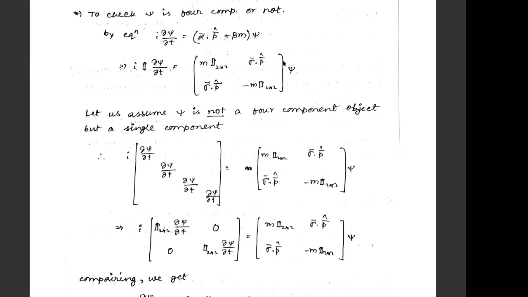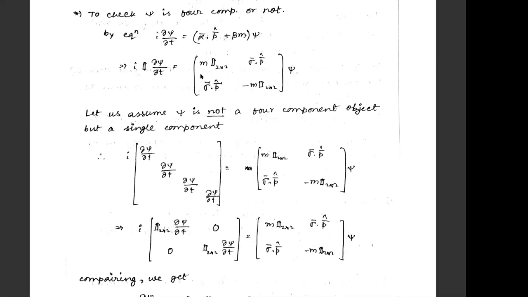It is perfectly fine if psi is not a matrix, if it is just a single component, a one by one element. This psi is just a function, not a column vector, not a row vector. But if that is so, you have to check whether this makes any sense or not. So if you simply assume that psi is not a 4 by 1 column vector, just a simple 1 by 1 element, just a simple function, not an array of functions, then how does this equation look?